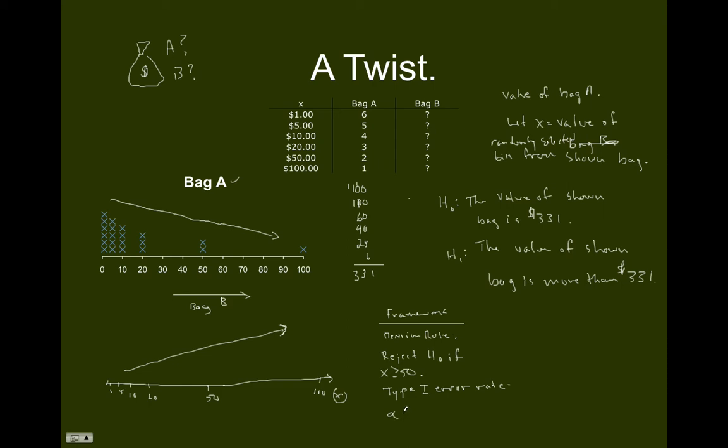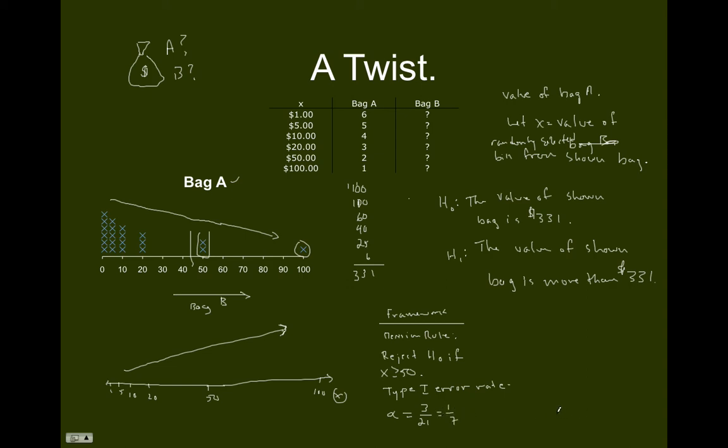So in this case, alpha can be calculated because I know what's in bag A. There are two 50s and a $100 bill. So 3 out of the total; we add these up here, 3 and 3 is 6, and 4 is 10, and 15, 21. So 3 out of 21, alpha is 3 out of 21, which is 1/7.